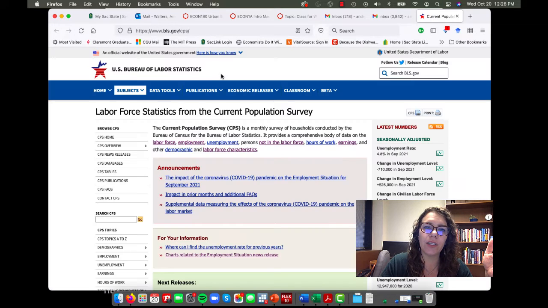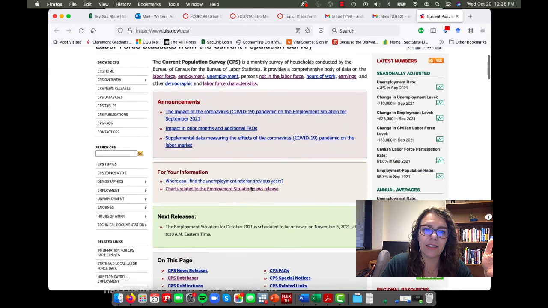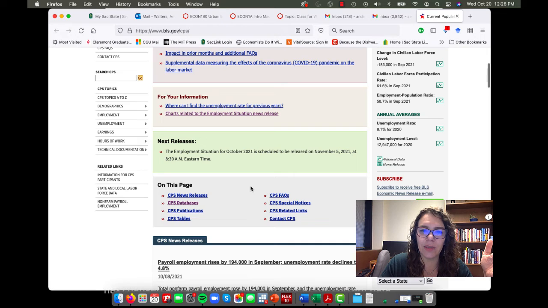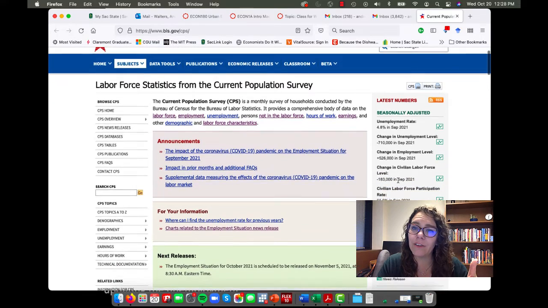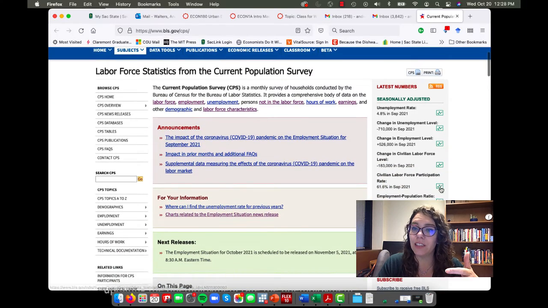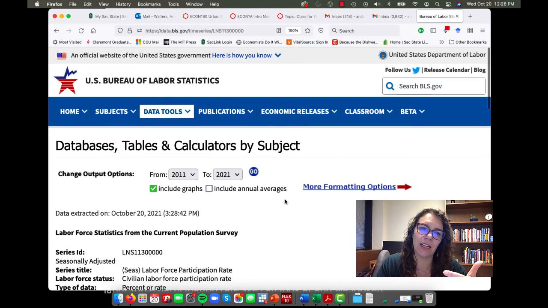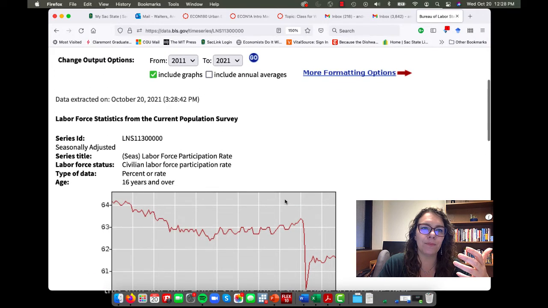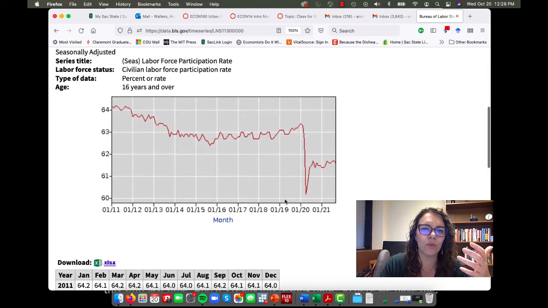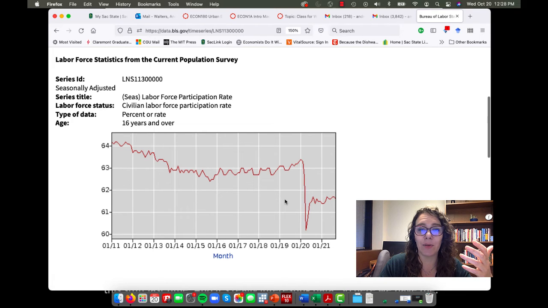And we can go here and look at the current data for that. The Bureau of Labor Statistics is always updating the unemployment rate, the unemployment level, and the civilian labor force participation rate we can look at. We looked at some of this stuff last time, and it's really interesting data. So here we have the labor force participation rate.